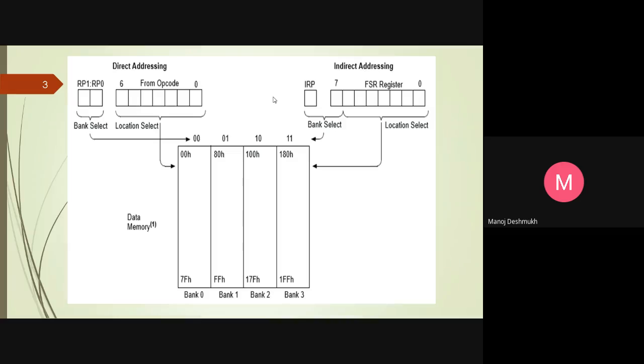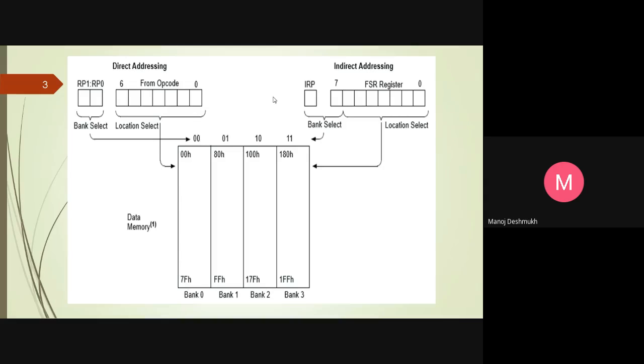So if we consider the bits available for direct addressing, it is mentioned in the diagram that 0 to 6 from opcode. Okay, so these 7 bits along with RP0 and RP1, that is again 2. So 0 to 6 means 7 and next 2.